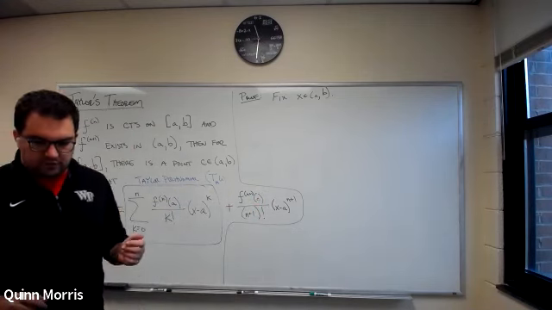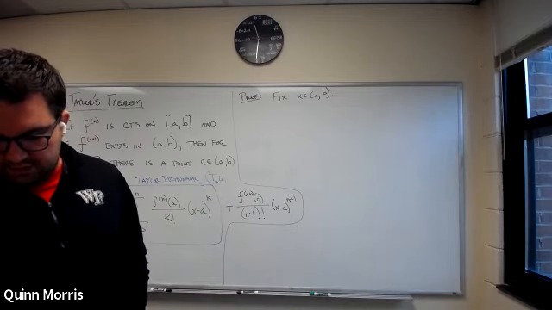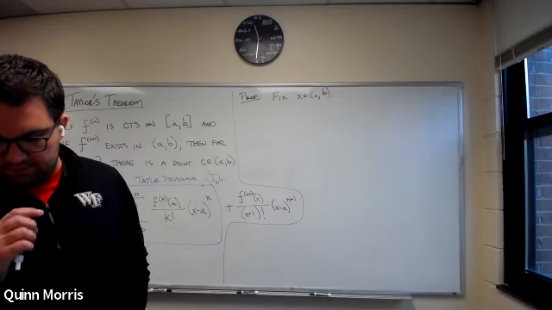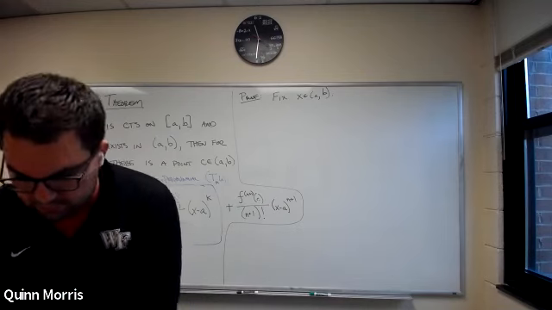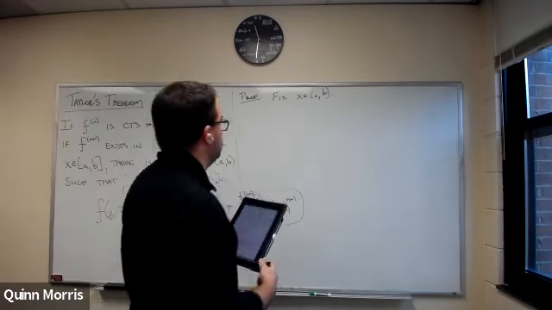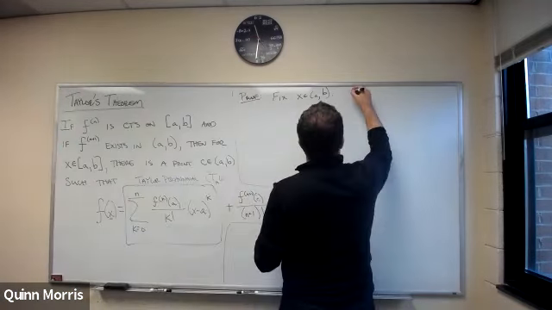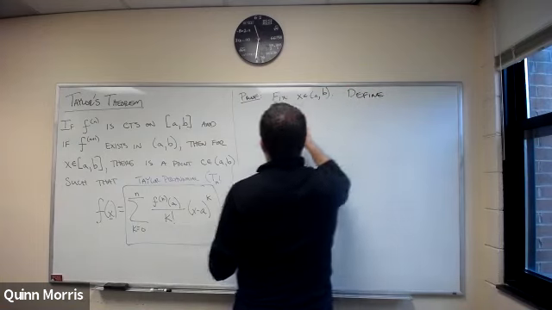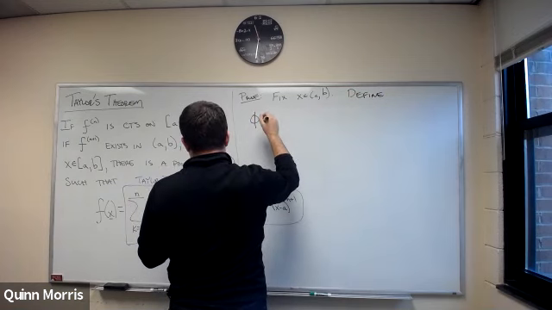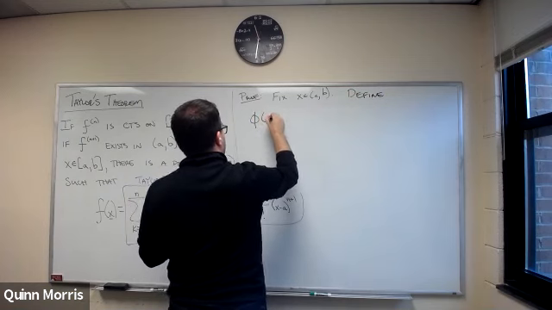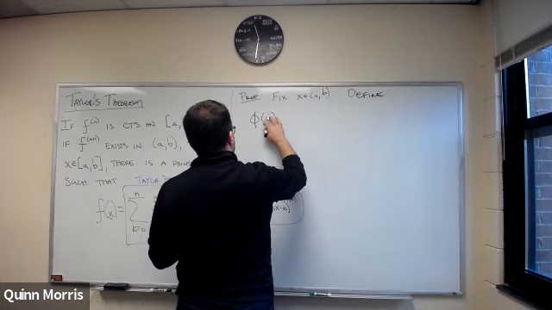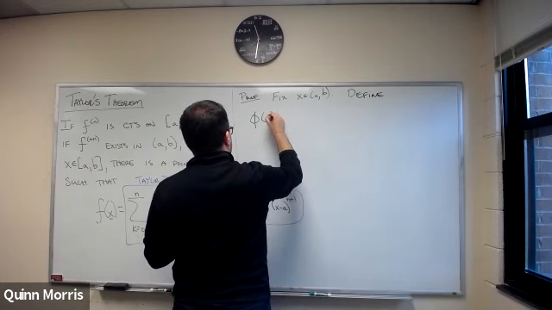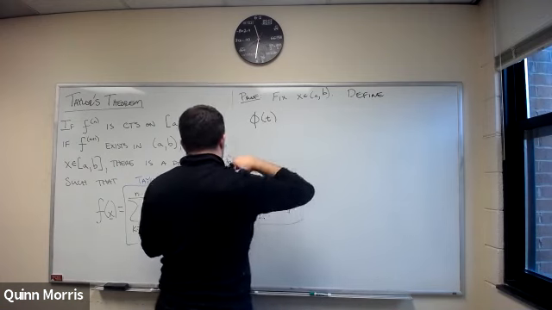Okay. All right, so we fixed our x in the closed interval AB, or in the open interval AB. And now I want to look at this function. I want to define a function phi. My phi of x, or actually let me call it phi of t, sorry. Because my x is fixed, but I want to think of a general function.